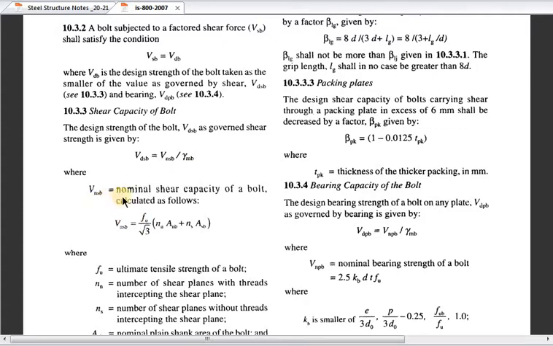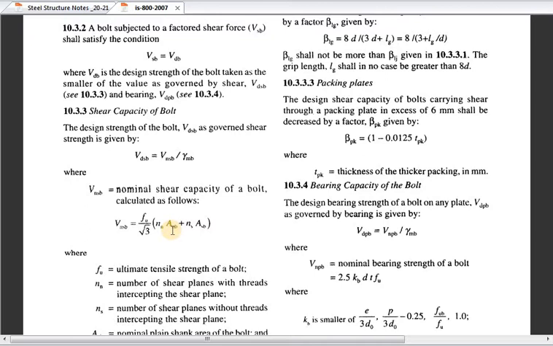But what is VNSB? It is the nominal shear capacity of bolt, calculated as Fu divided by square root of 3, in bracket, NN ANB plus NS ASB. How to find out this NN? NN is the number of shear planes. And what is ANB? ANB is the area of the threaded portion, because we are joining the two plates with the help of bolt.